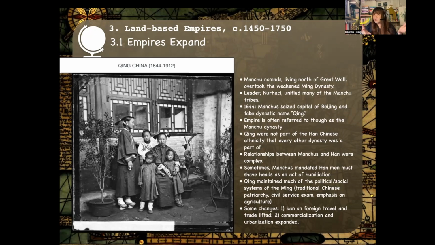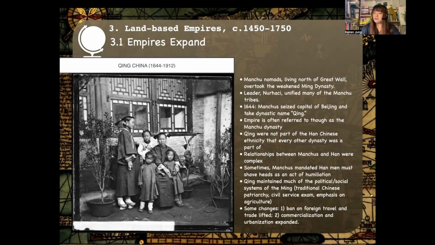This is why Buddhism had also been so reviled for such a long time, because Buddhist monks shave their hair as a symbol of renouncing the material physical world and all of their connections to their secular families and their loves and all of that. And so the Han were very displeased with this new development of having to shave their heads.